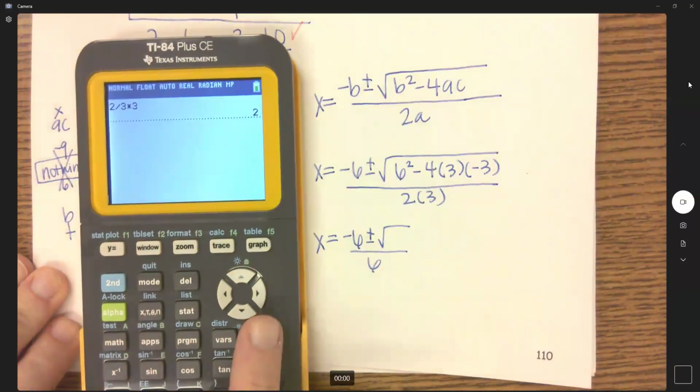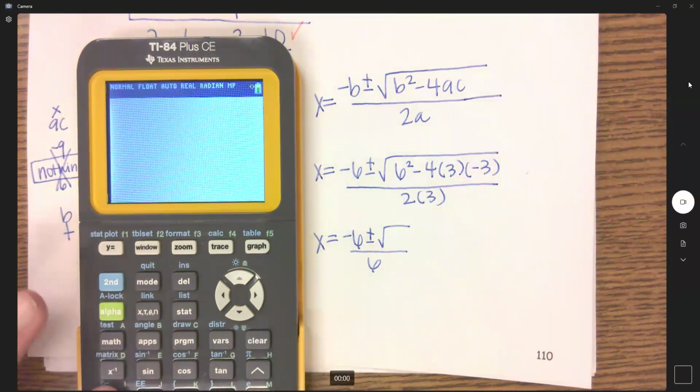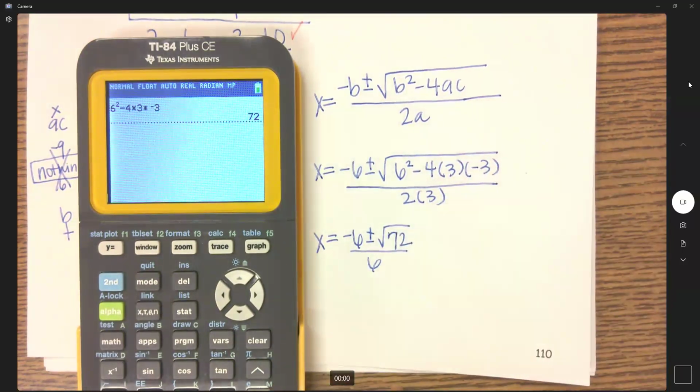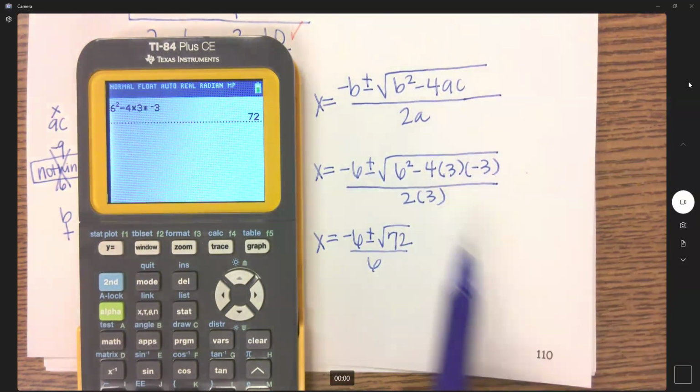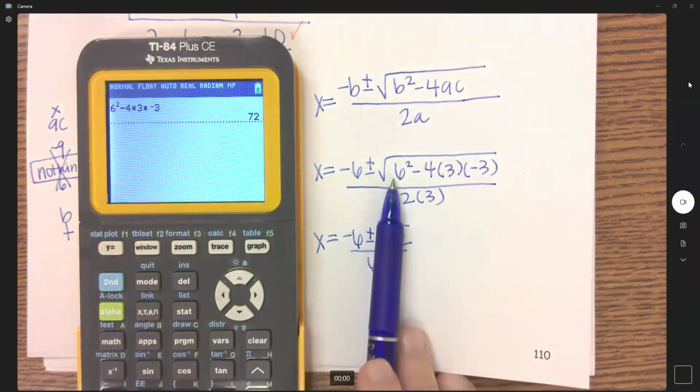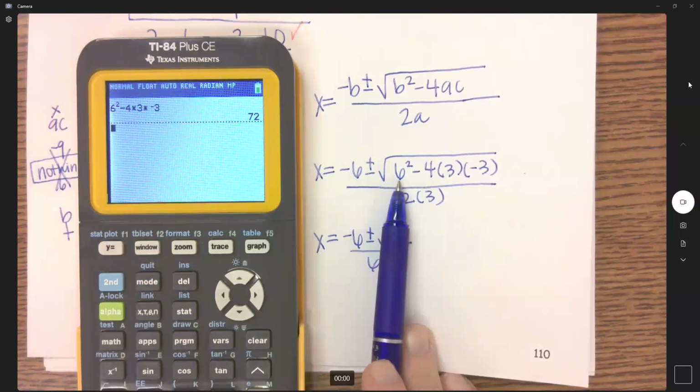Put this in the calculator. And just as a reminder, I did not need to put the 6 in parentheses because it wasn't negative. But if this was negative, we'd have to put this in parentheses.